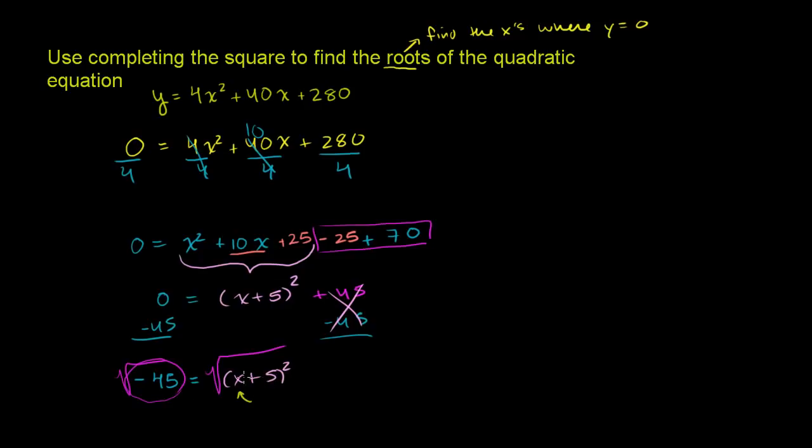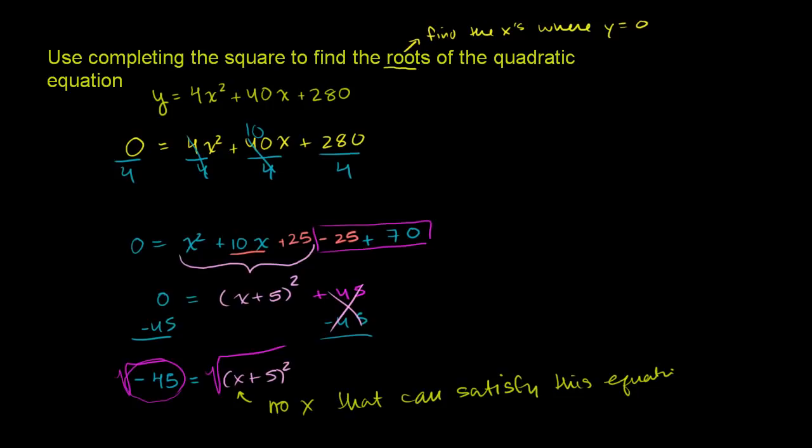So there is no x that can satisfy, if we assume that x is a real number, that can satisfy this equation. Because I don't care what real x you put here, you add 5 to it and square it, there's no way you're going to get a negative number. So there's no x that can satisfy this equation.